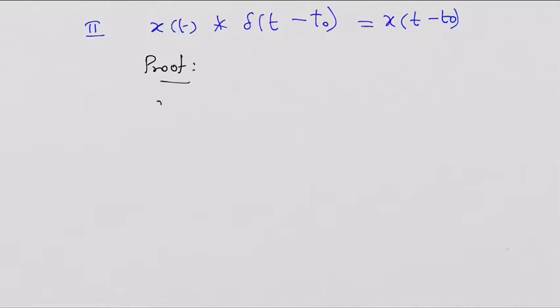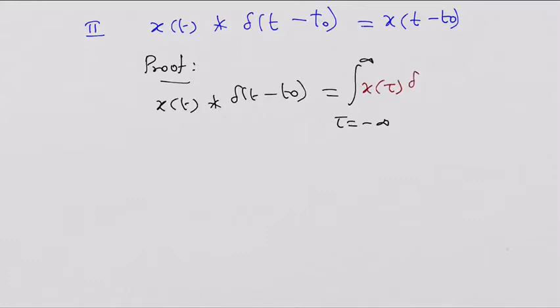The proof part, you can find out x of t by definition convolved with del of t minus t naught will be written as tau varies from minus infinity to plus infinity, x of tau del of t minus t naught minus tau d tau.